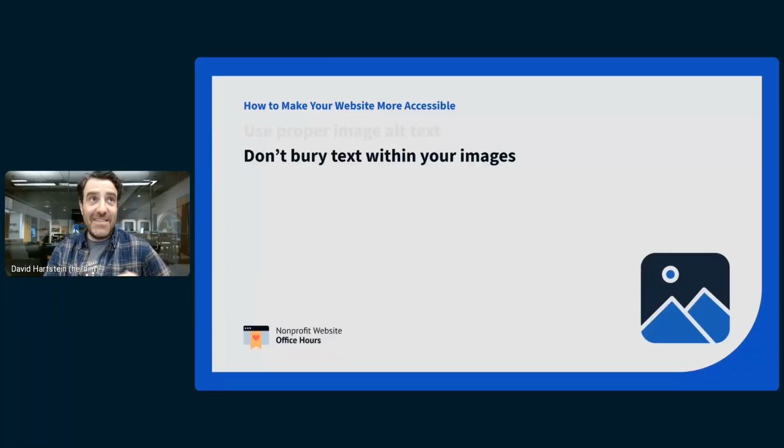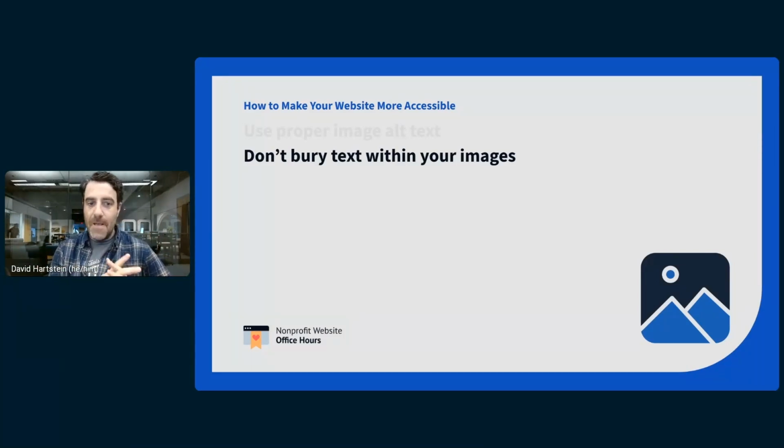Next up, the next tip here is don't bury text within your images. So this is actually one of the most common issues we see with accessibility: images that include text. Like a lot of times there's a flyer on an event page that invites folks to an upcoming gala, or maybe it's a brochure or a one-pager about one of the programs or a service.